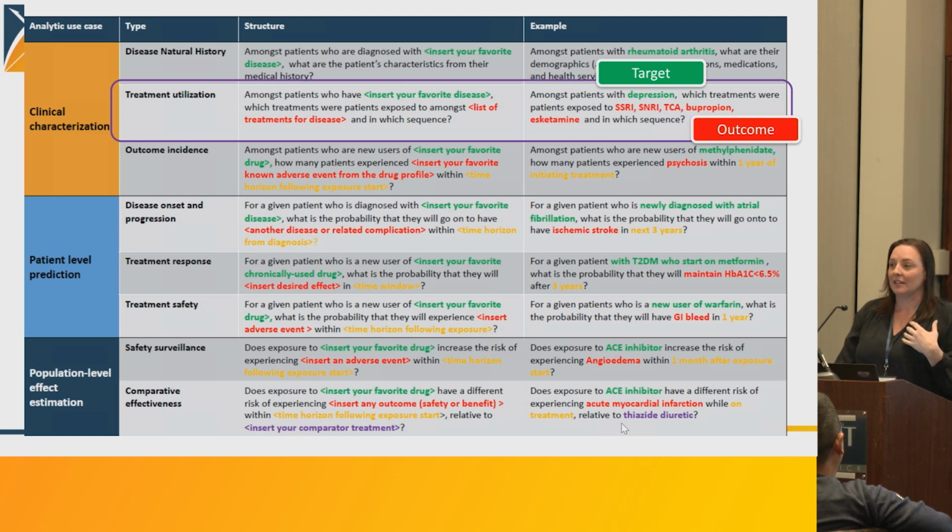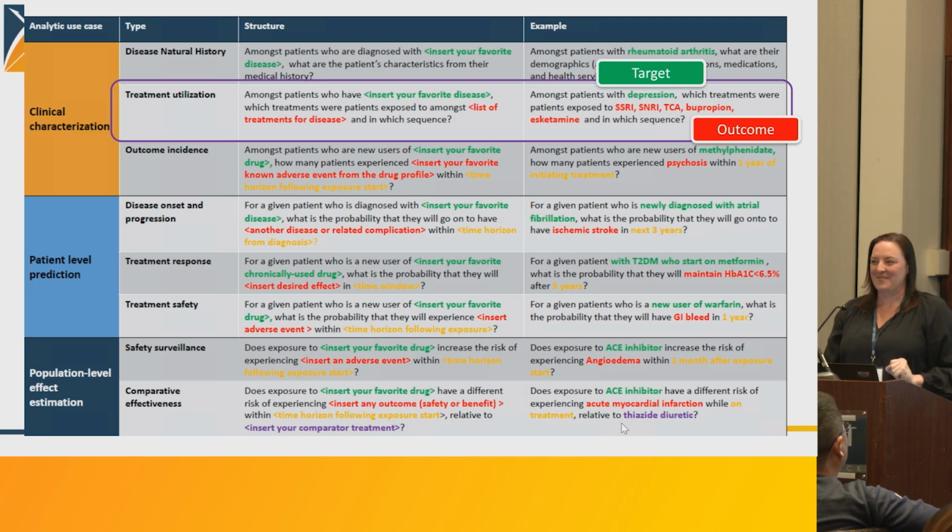Personally, in the work that I do, these kinds of clinical characterisation questions are extremely important and sometimes overlooked. In lots of studies, people want to go straight to the holy grail, the effect estimate. But to interpret that effect estimate, you really need to situate it in your clinical characterisation.